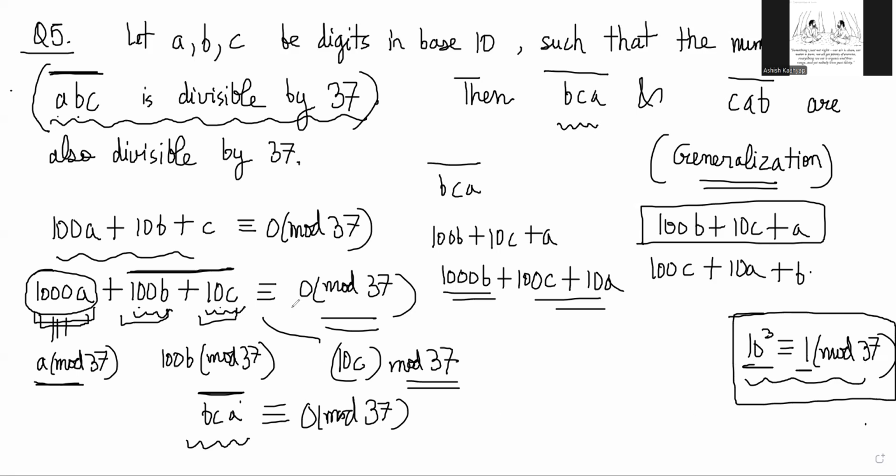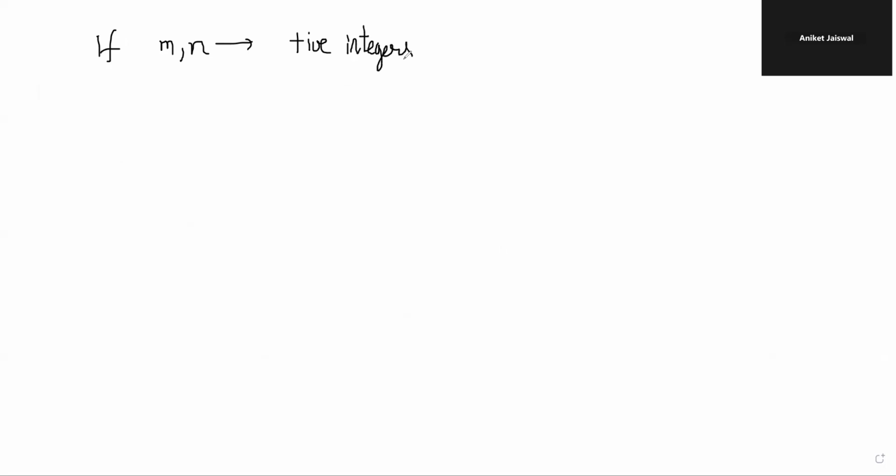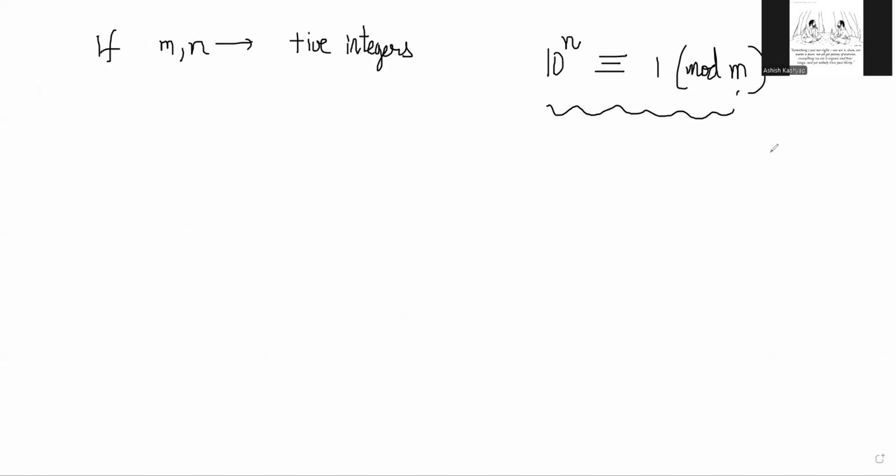Right. So what we can say is that if m and n are positive integers and we have 10 power n is congruent to 1 mod m, where this m is our modulus, like 37 was.